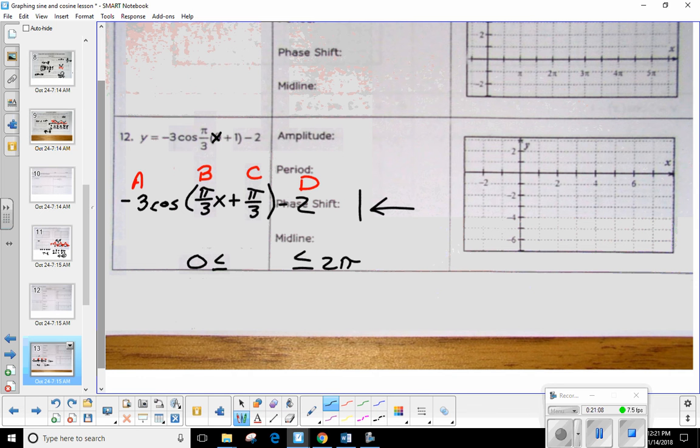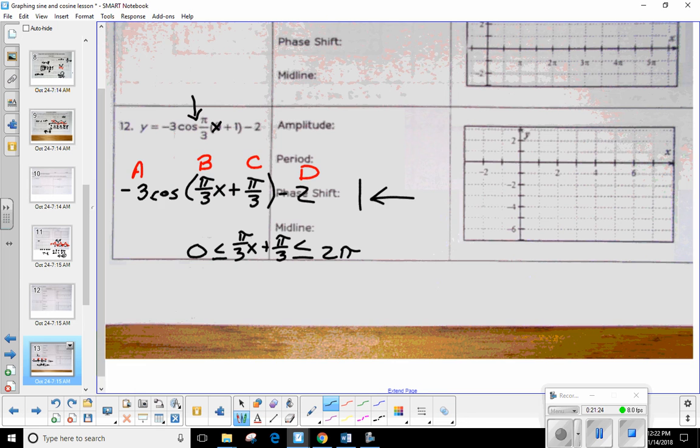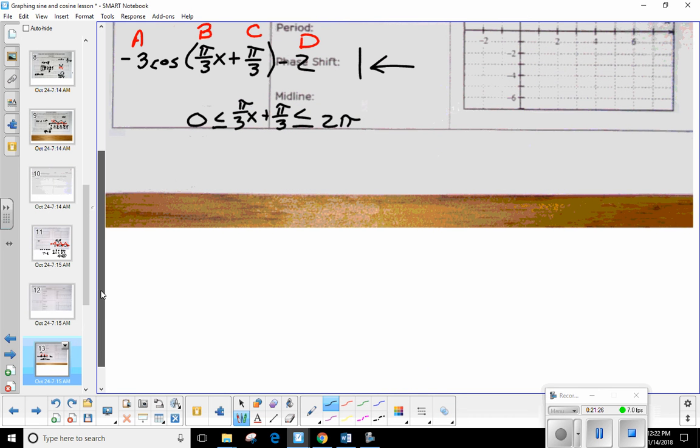Again, how do we know that? The parentheses, yes. Now, even though the pi over 3 is originally outside the parentheses, it's still inside the function. We just multiplied it back through. So I'm going to say pi over 3x plus pi over 3. There we go. Okay. So this one we actually have to do something. What is it?